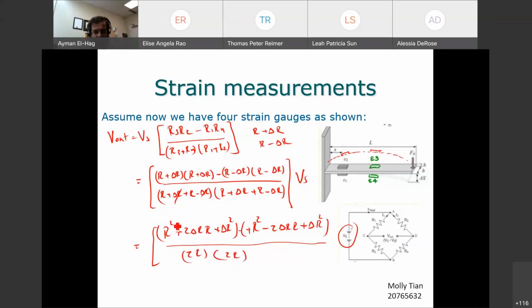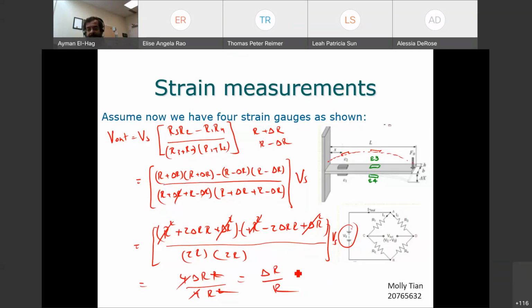So R square will cancel with R square, delta R square will cancel with delta R square. So we have 4 delta R times R divided by 4 R square. R will cancel, the 4 will cancel, so we get delta R over R.